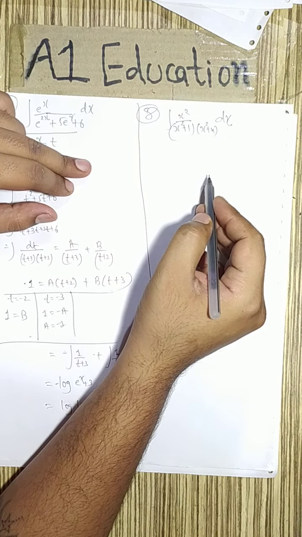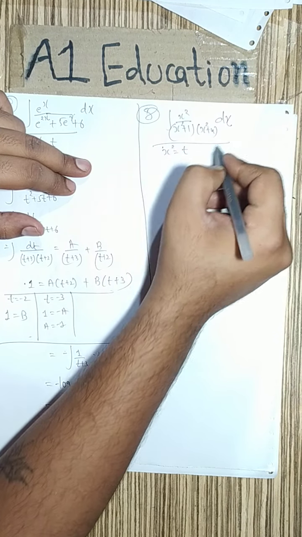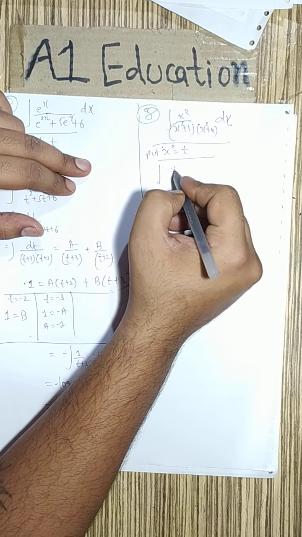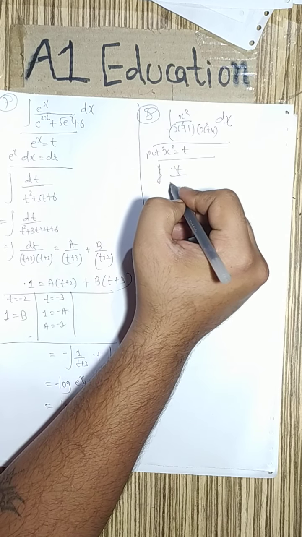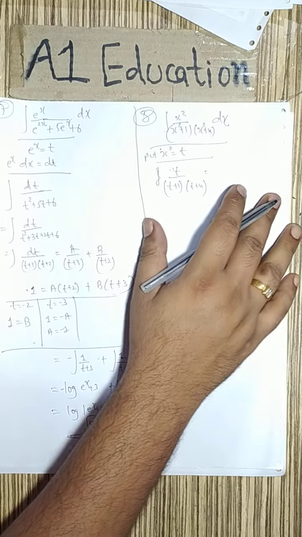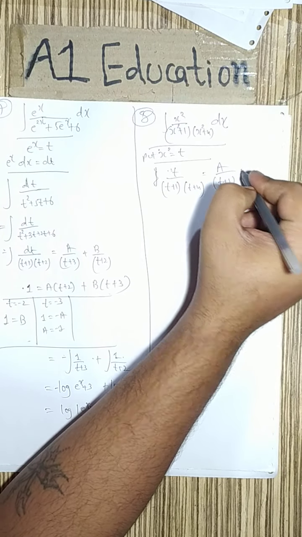Next sum is this. Here again we can put x square equal to t, not in the differentiation form, just so this will show up as t upon t plus 1, t plus 4. Now here again you can use your method of partial fractions.